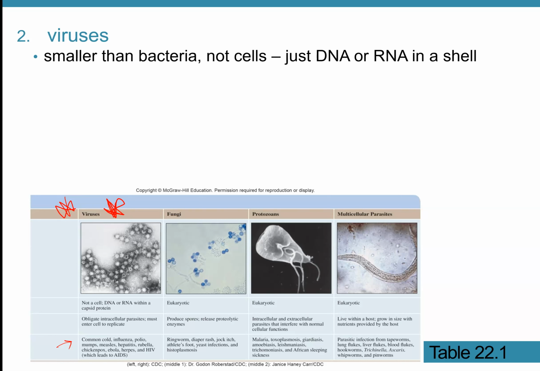A virus is not a cell, and this is part of what makes viruses really interesting from a scientific standpoint. They're not cells, but they can infect our cells and give us these horrible diseases. In terms of size, they're smaller than bacteria. So bacteria are tiny, but viruses are even tinier.